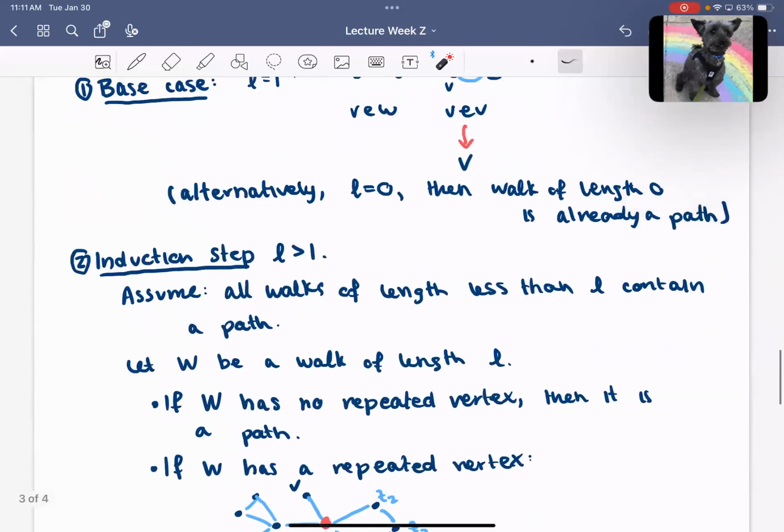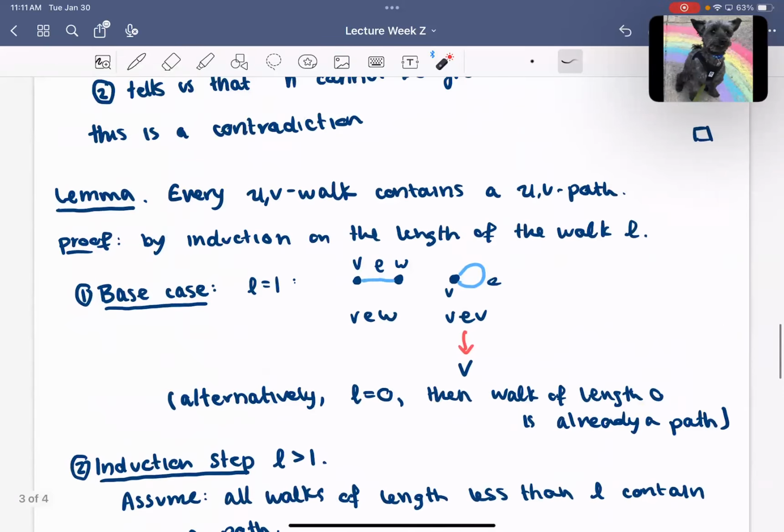We're trying to get a walk from U to V into a path from U to V. So if you delete V off the end, then you no longer have a path from... If you say our walk is a list of vertices and then you have V minus one and then V, then you have a path from U to V minus one. You just put V at the end.